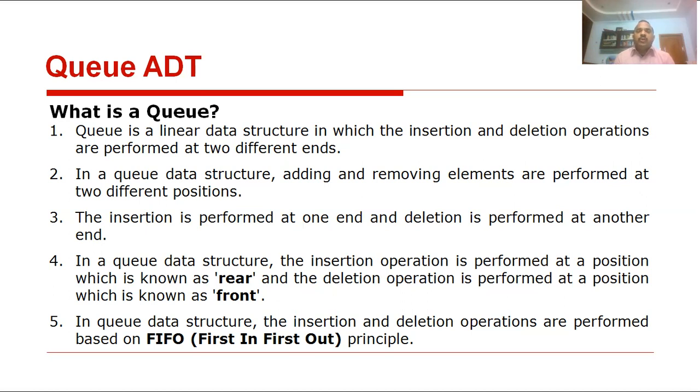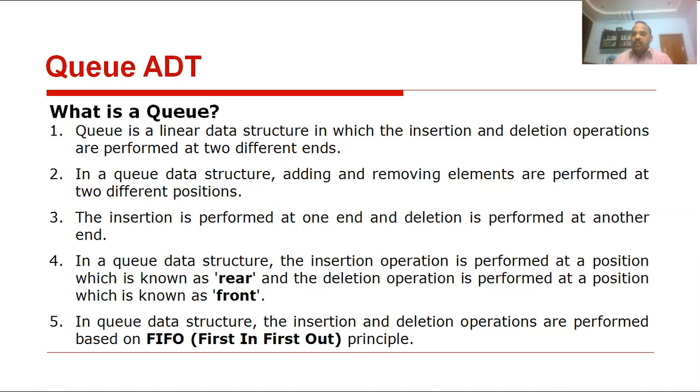In a queue data structure, the insert and delete operations are performed based on FIFO, whereas in stack operations it is LIFO, last in, first out. In queue operations it is FIFO, first in, first out principle. Whoever enters first is the first person to buy a ticket. Who will enter the movie theater queue line first?